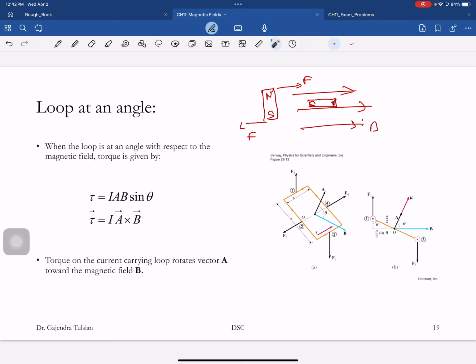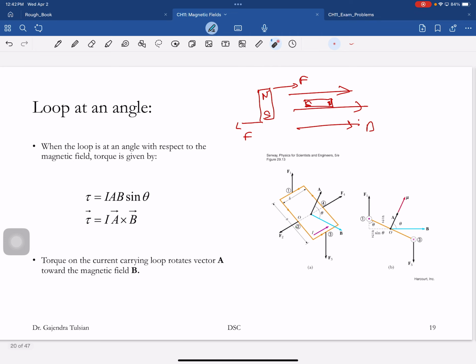Okay? A current carrying loop of conductor, we give it a special name because it's very useful. What is it called? That's called an electromagnet, because this produces a magnetic field very similar to a bar magnet. Okay?